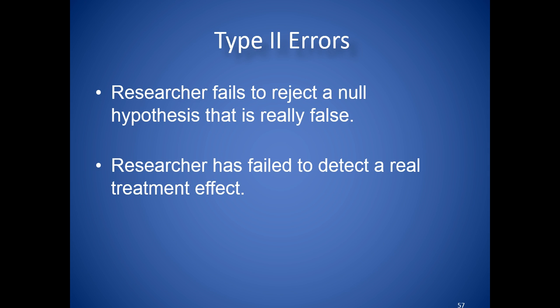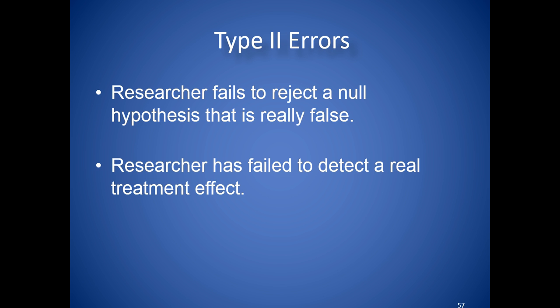And what happens then is you only enrolled half of the subjects needed to really test your intervention. So you're going to get a not statistically significant result. And so the researcher fails to reject the null hypothesis that is really false, because you were actually underpowered, and then you think that the result is not critical.